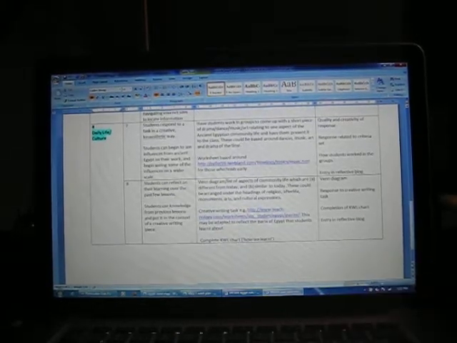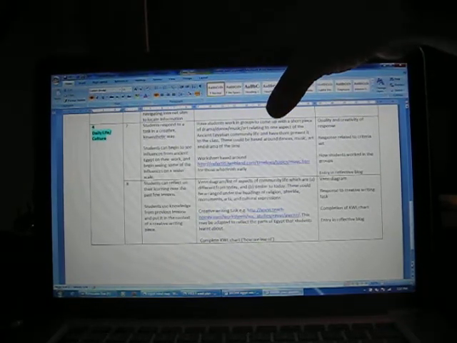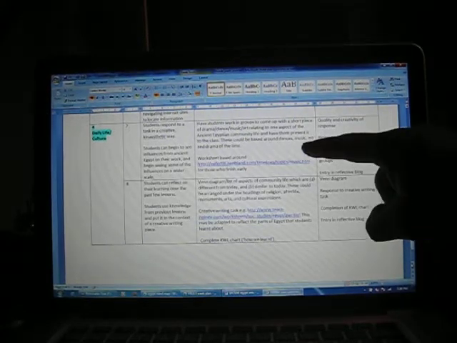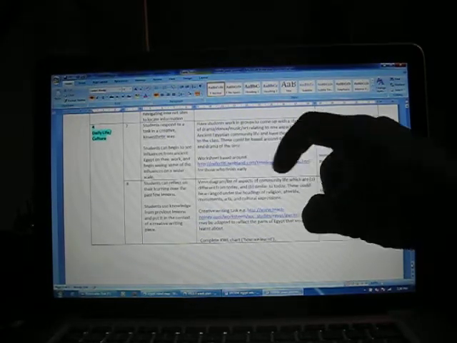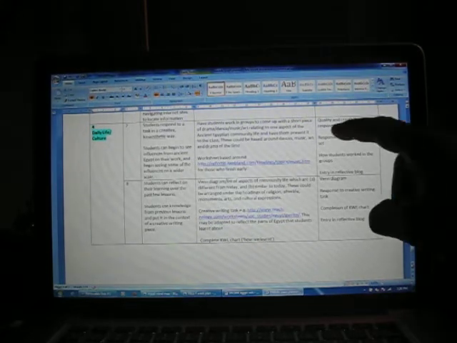And finally, daily life is the theme for the last week, and they're going to be doing a short piece that falls under the domain of arts. They're going to work in groups to come up with a short piece relating to one aspect of ancient Egyptian community life.